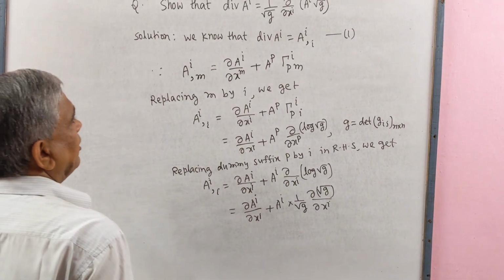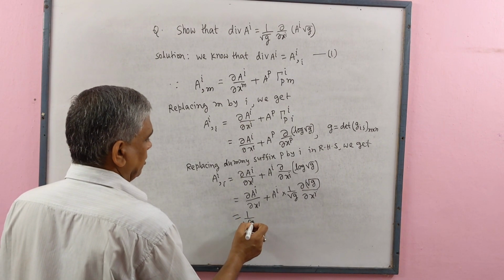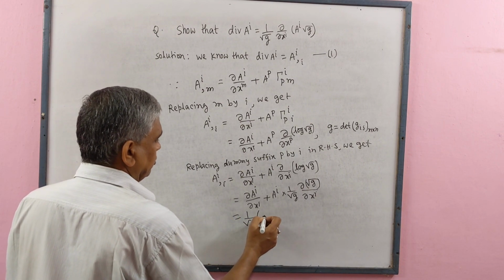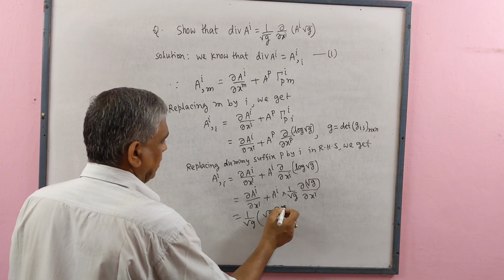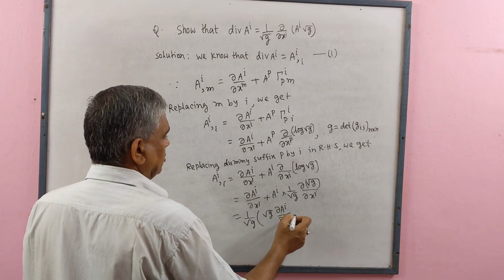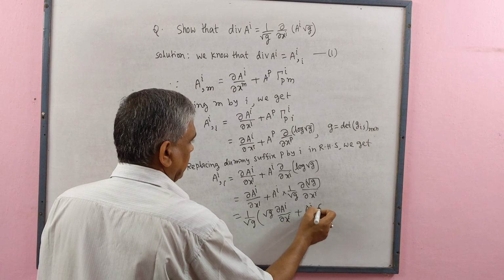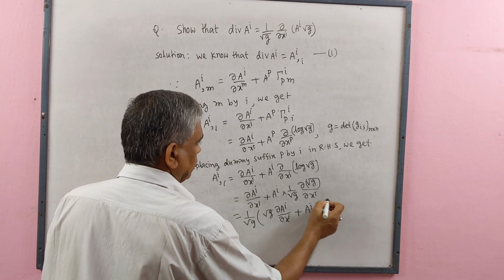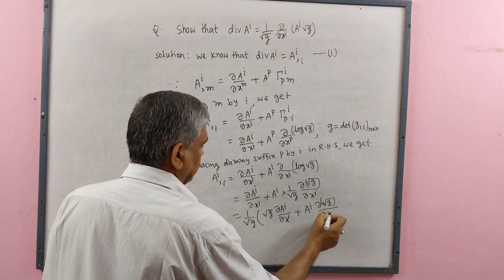We take common 1 by square root g. So here we will give square root g del A^i by del x^i plus A^i del square root g by del x^i.